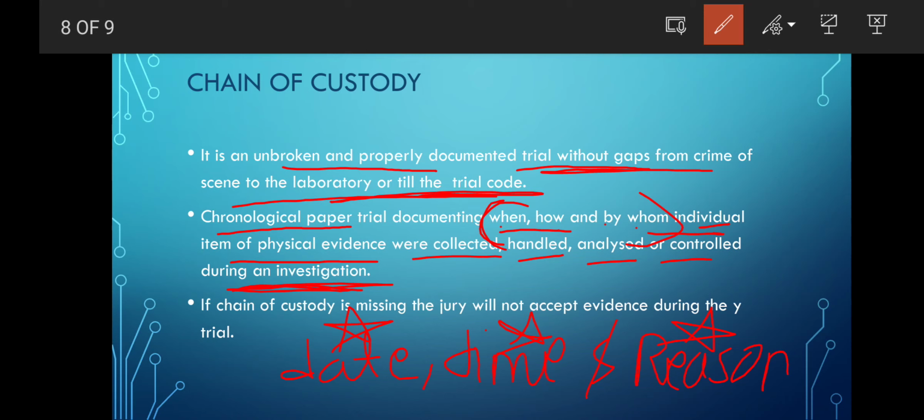After the analysis is done, then only the jury will accept. If the chain of custody is missing, the jury will not accept the evidence during the trial, okay. During the trial, whoever the jury is, if the chain of custody is missing, then he will not accept the evidence. Also the seals and the packing are very important.